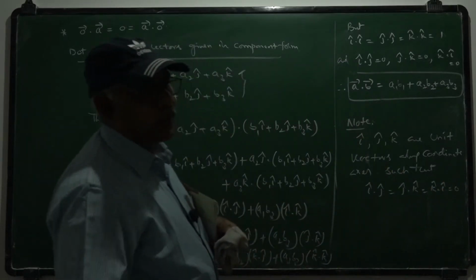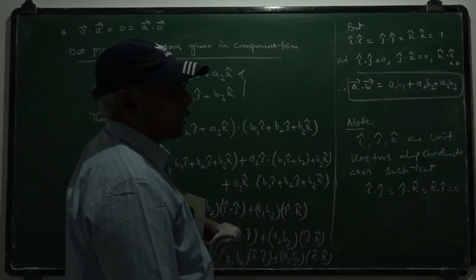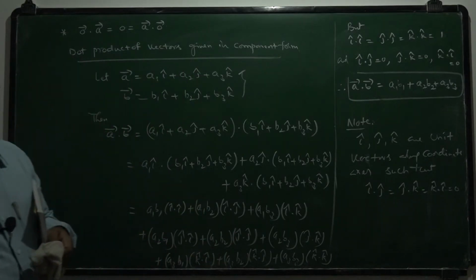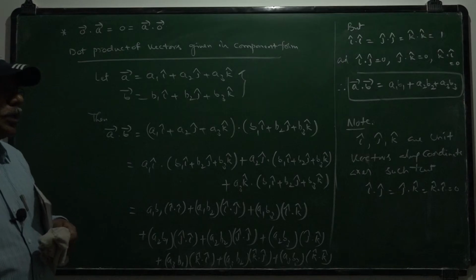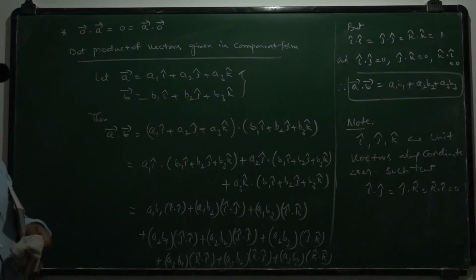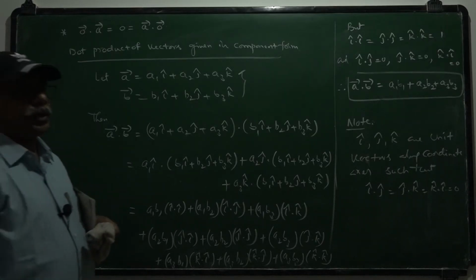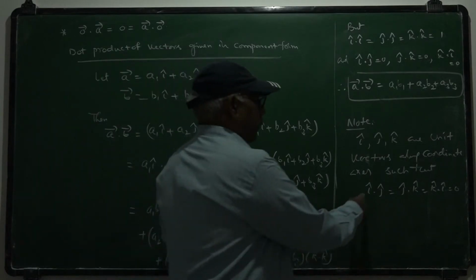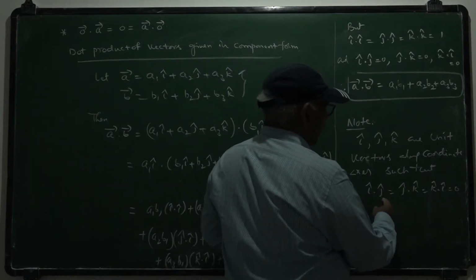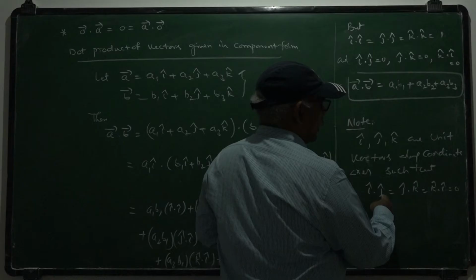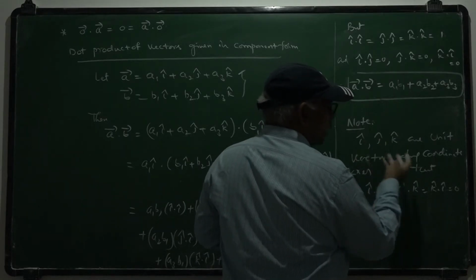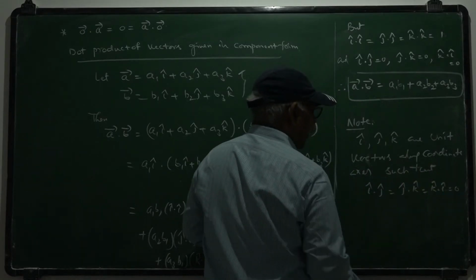They are mutually perpendicular unit vectors. These three are called orthogonal unit triad vectors. Orthogonal means they are perpendicular to one another. They are perpendicular to one another and unit vectors. And in number they are three.